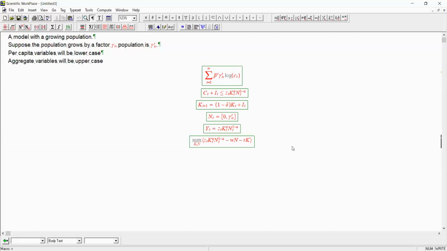The first order condition with respect to labor of this is that the wage is equal to the marginal product of labor. Right, there is our first order condition.